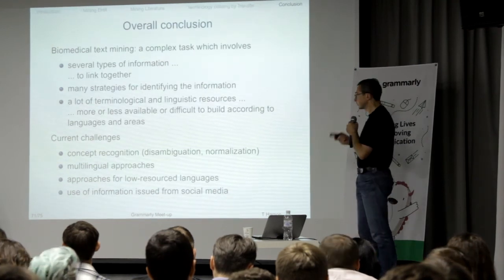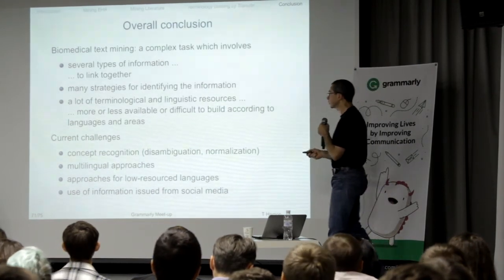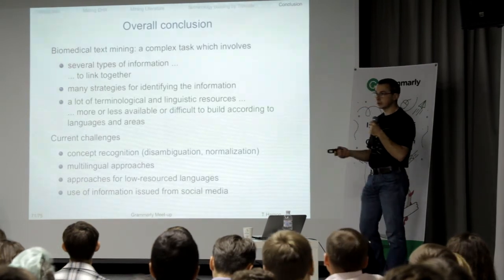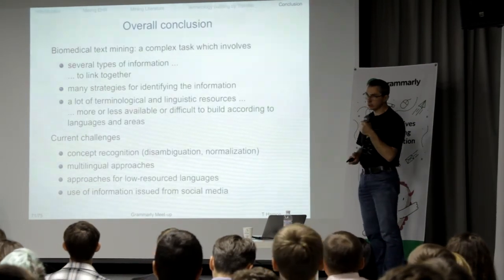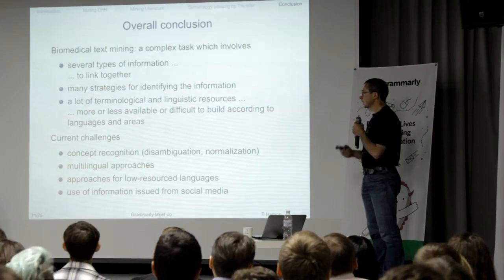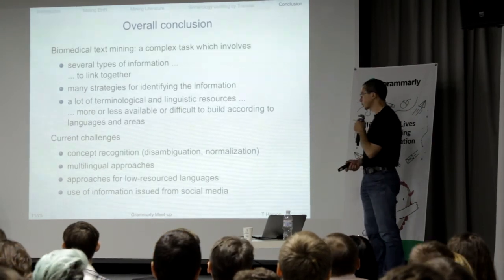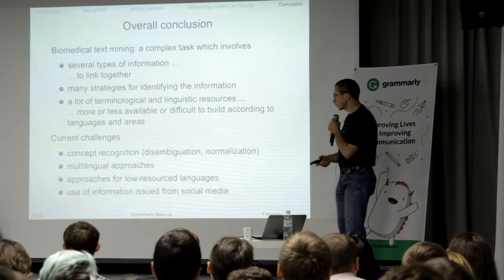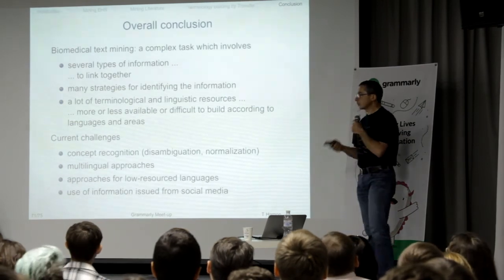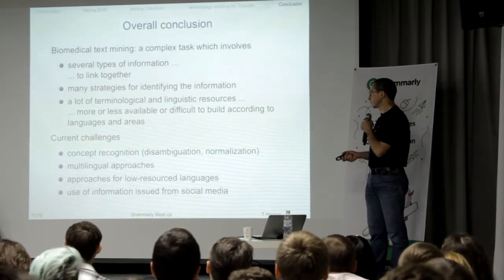And the current challenges are still concept recognition, the disambiguation of semantic entities, normalization, the development of multilingual approaches, approaches for low-resource languages, and also the use of information on social media.